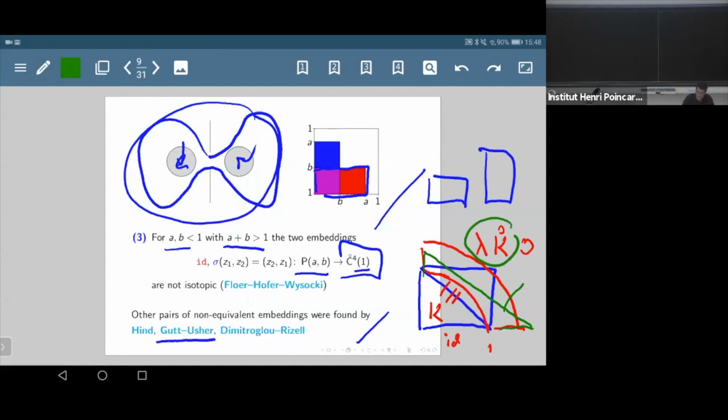But you don't see this embedding because you kind of cut into balls naively and then use inflation. And then you never see an embedding. So this embedding, and then you prove with symplectic homology that this embedding is actually non-standard. It's not isotopic when restricted to K to the identity, which is the whole work. But the outcome is that you have two, but the second one you can't see. So my embeddings, you will see, you can see them.